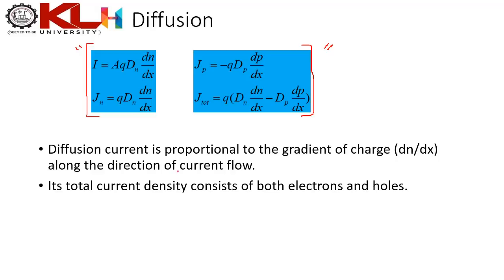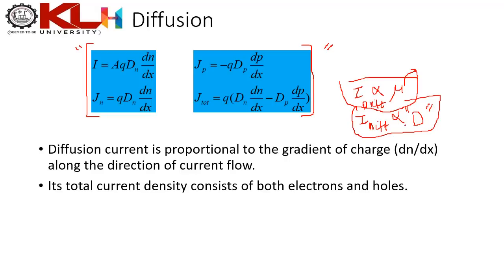But one thing you have to understand is the current in drift is proportional to the mobility factor, whereas the diffusion current, I diffusion, is proportional to a constant called D. It is called the diffusion constant. The constant that pops up in drift is called mobility, and the constant that pops up in the diffusion equation is called the diffusion constant. So you need to understand these two.